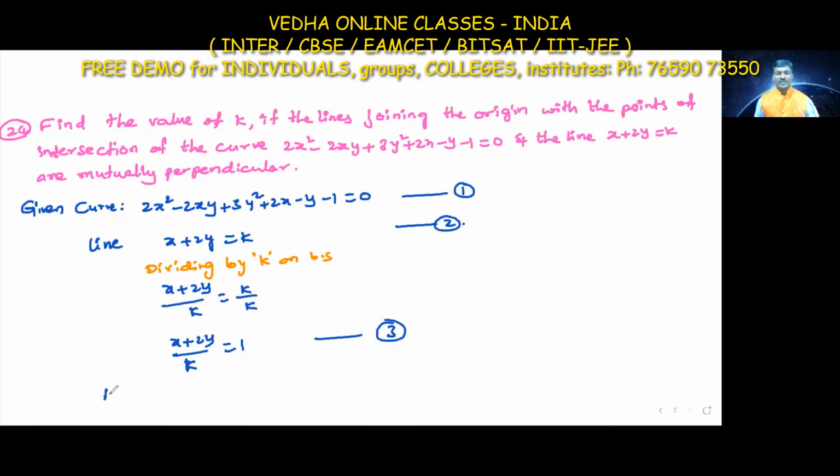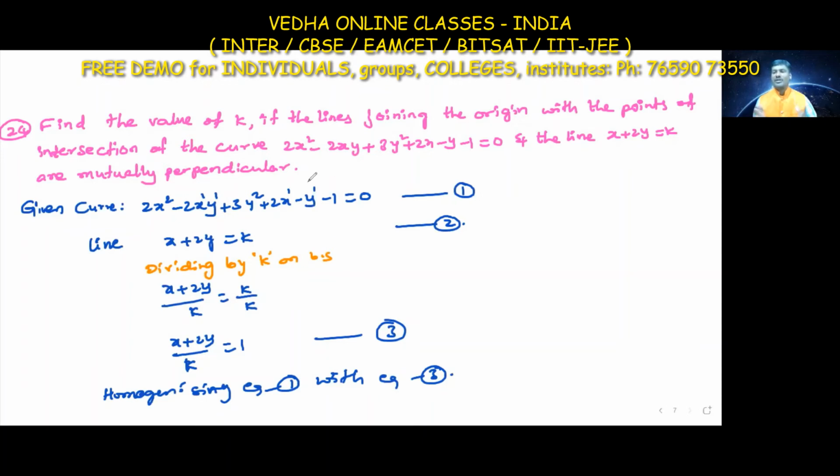Homogenizing equation 1 with equation 3. What is homogenizing? Homogenizing is nothing but equating all the powers. Here x power 2, and x power 1 y power 1, total 2, and y power 2. And here x power 1 only we have, and here also y power only 1, and there is no x power and y power, so complete 0.